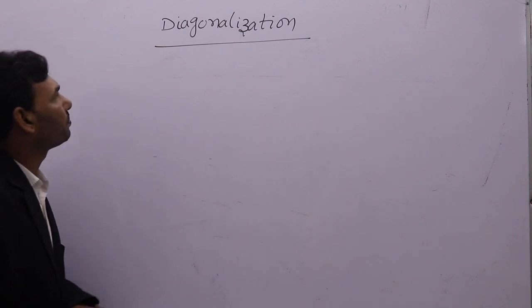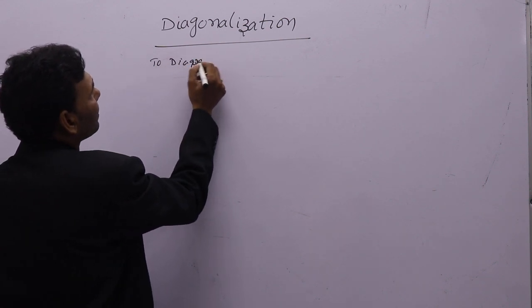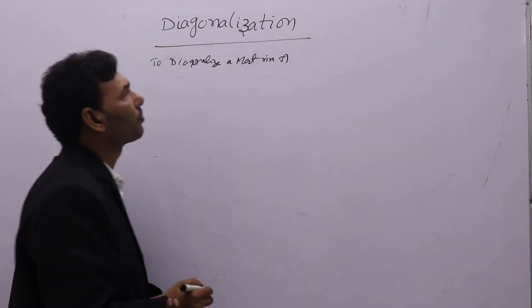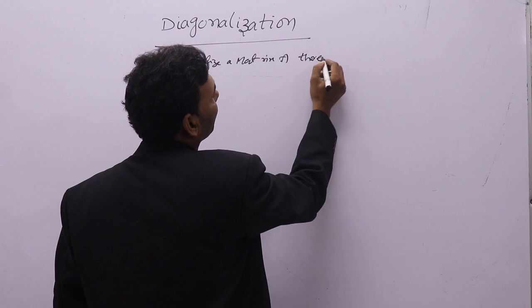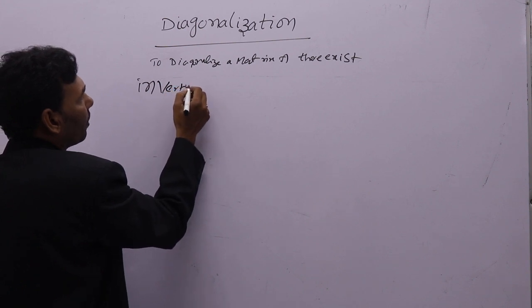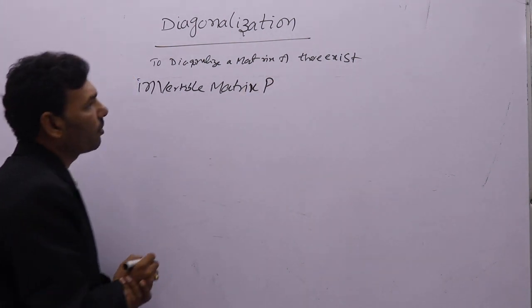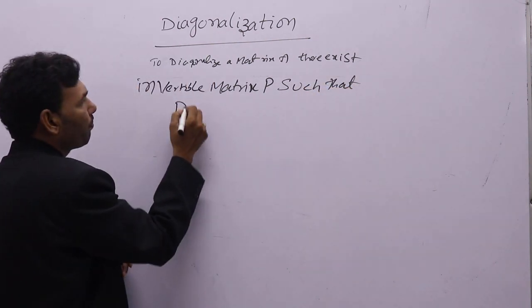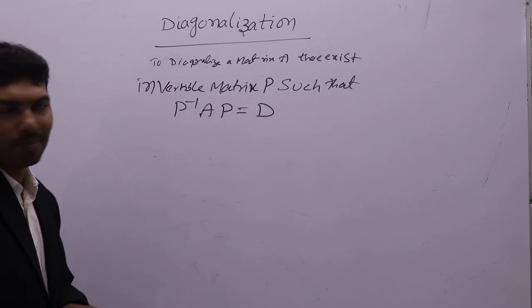To diagonalize a matrix A, there should exist an invertible matrix P such that P inverse AP equals D, where D is a diagonal matrix.